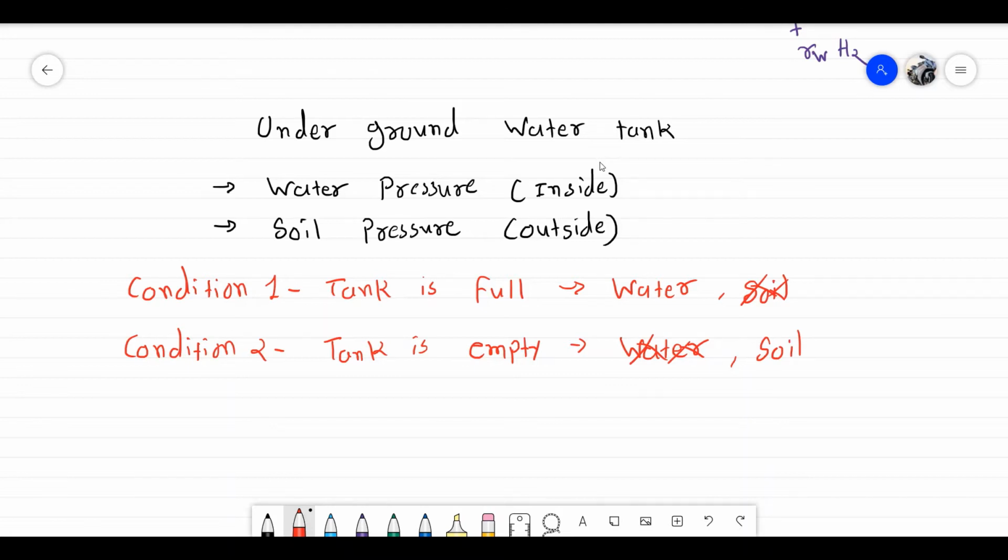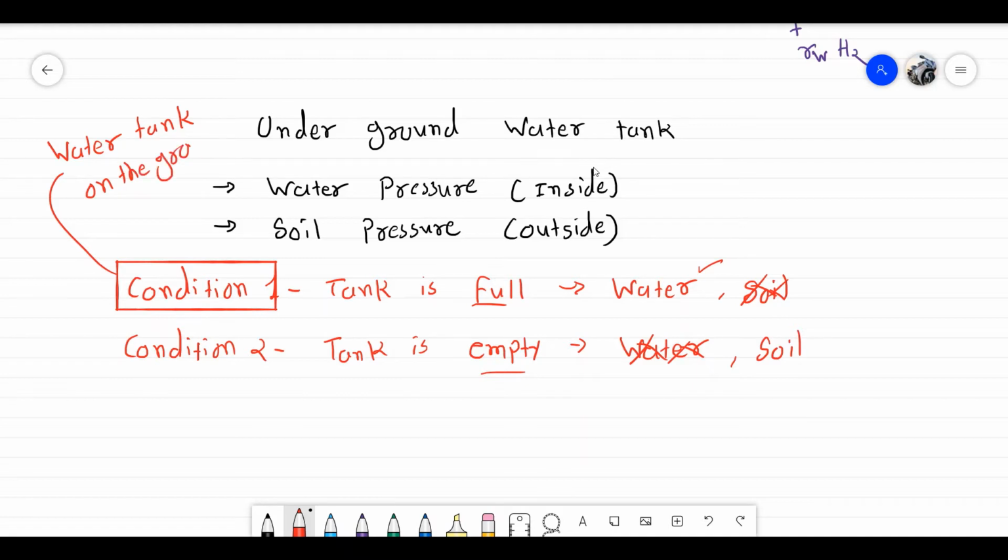We have to design the water tank for both designs, if the water tank is full and if the water tank is empty. If condition 1 is included, the water tank is full, so this design is just like a water tank on the ground.